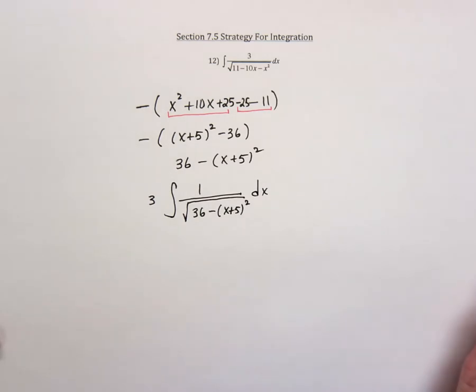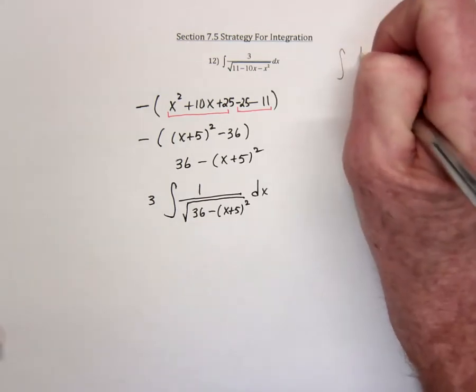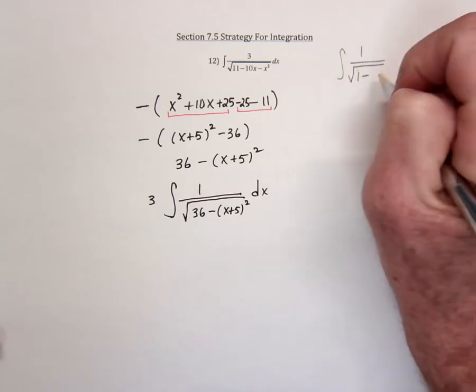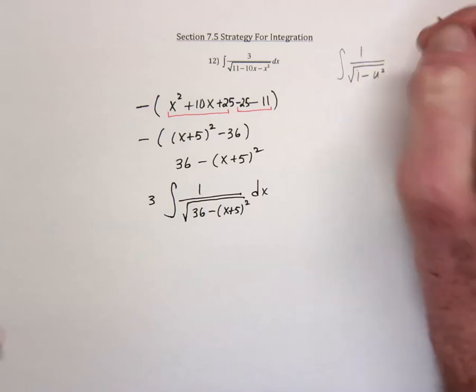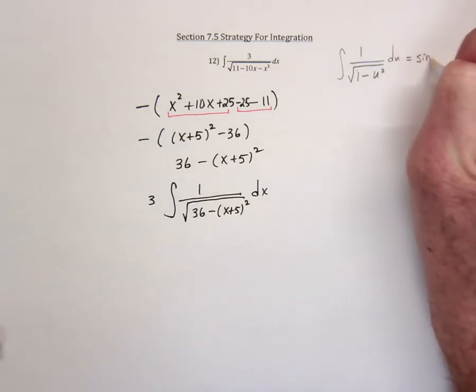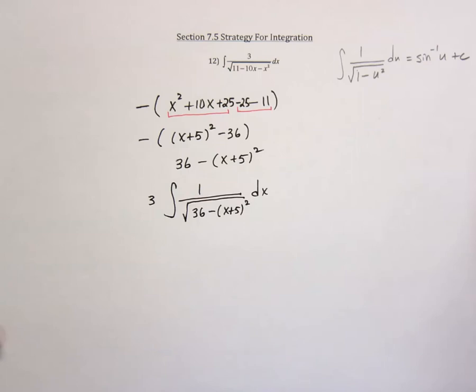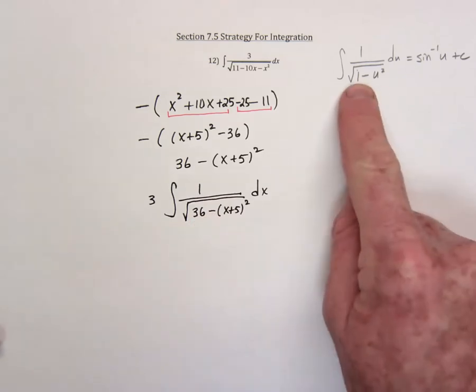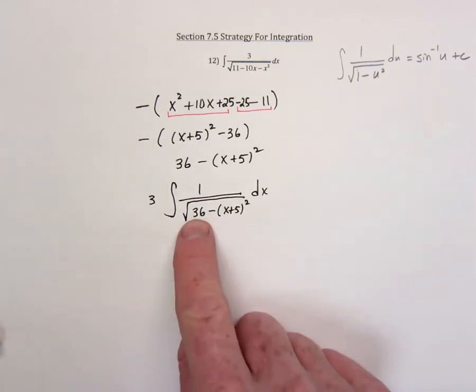And then at this point you should recognize, well, if this would have been a 1, or in other words, if we had the integral of 1 over the square root of 1 minus u squared, that right there is sine inverse. So this is going to end up to be sine inverse, but we need to change the 36 into a 1. So we need to factor it.